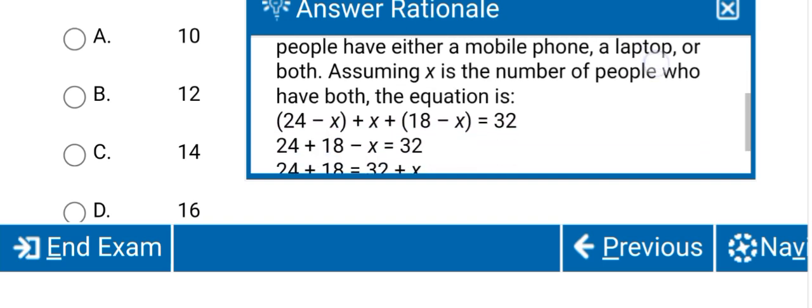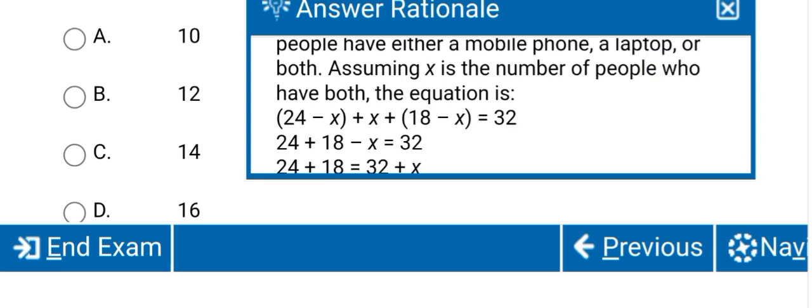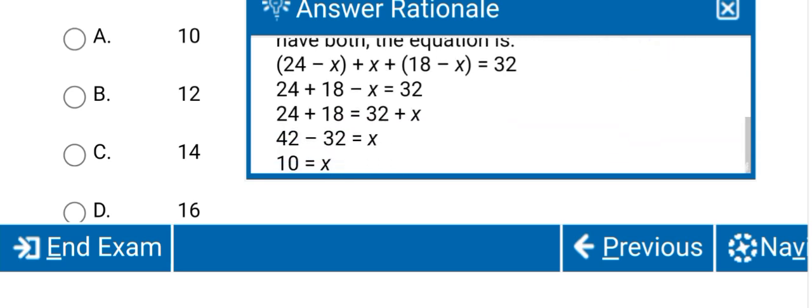Assuming x is the number of people who have both, the equation is 24 minus x plus x plus 18 minus x equals 32. So 24 plus 18 minus x equals 32, 24 plus 18 equals 32 plus x, so 42 minus 32 equals x. That leaves 10, which is the value of x.